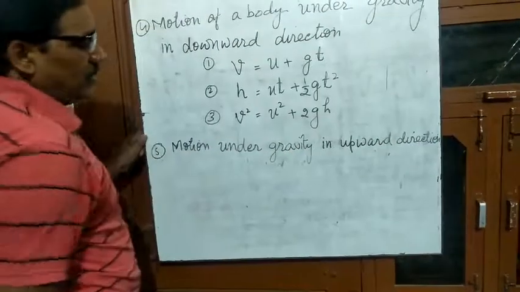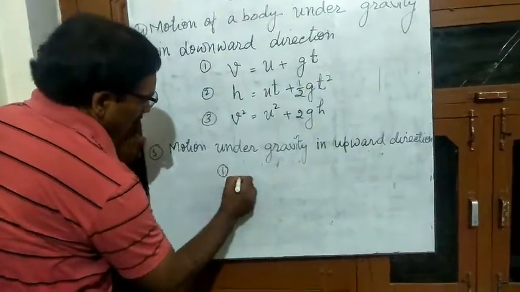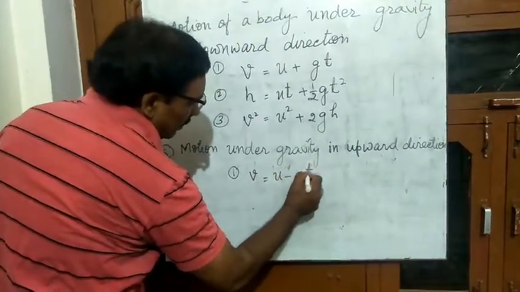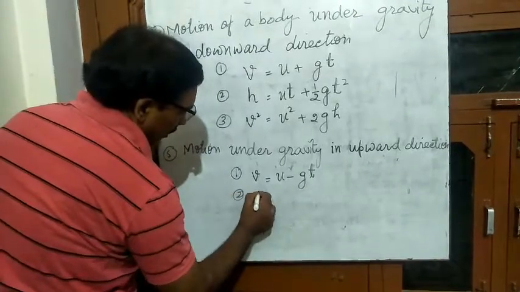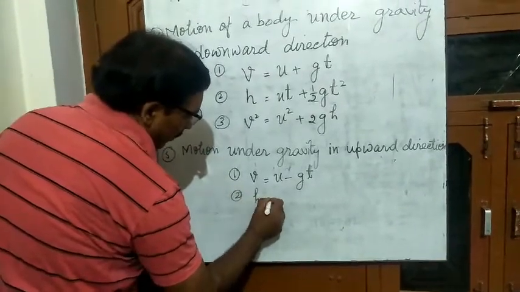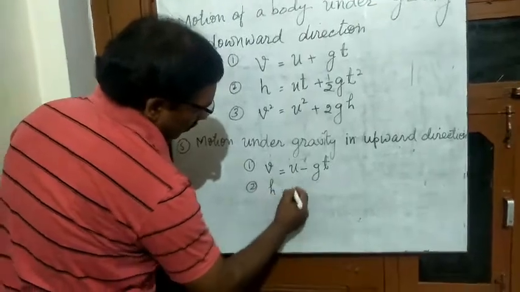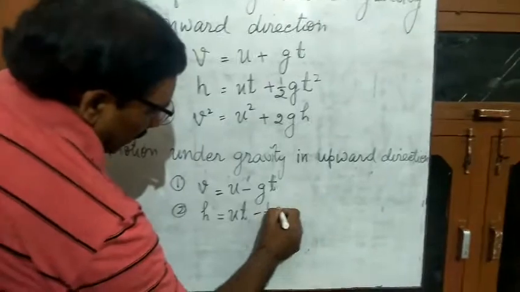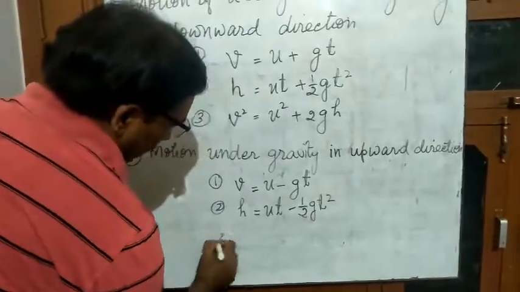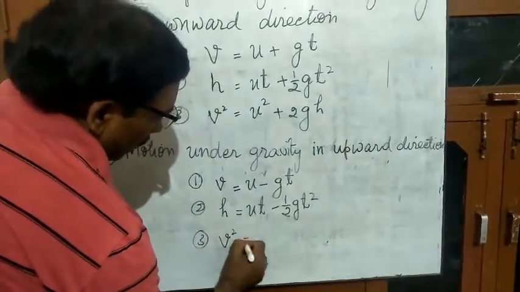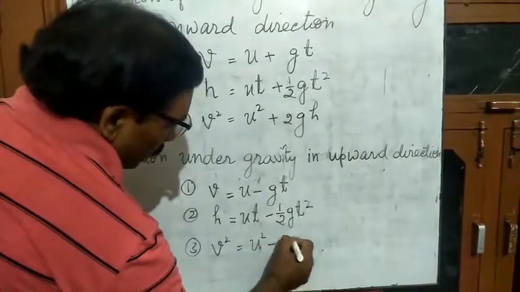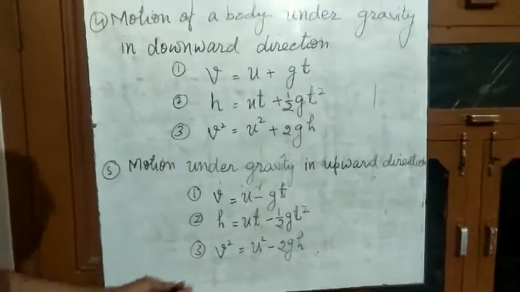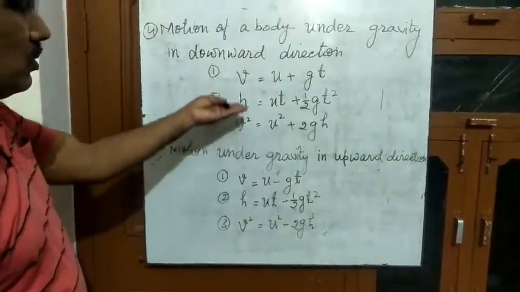Here g will be negative. First equation, v is equal to u minus gt. Second equation, h is equal to ut minus half gt square. And third, v square is equal to u square minus 2gh. So this is the form of the equations of motion when the body is moving in the upward direction.